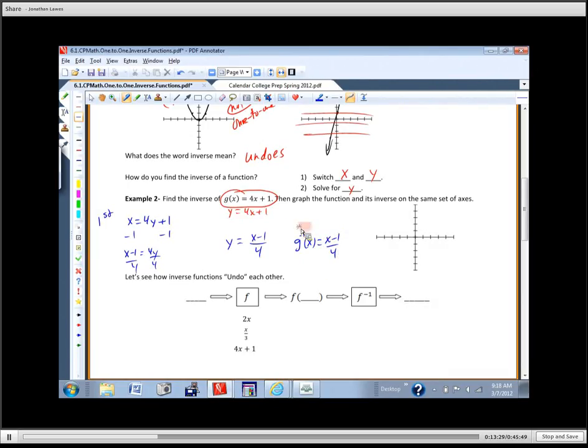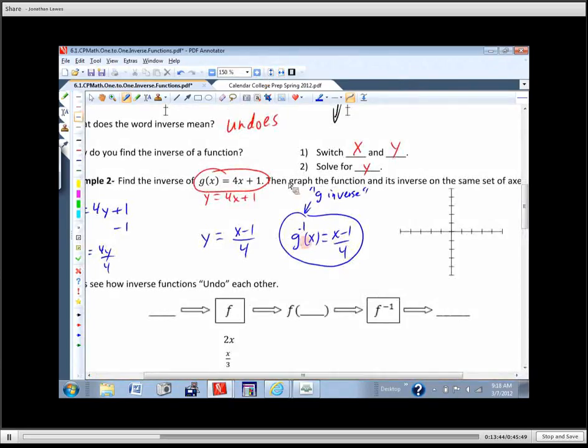Okay? That is the inverse. And the way we say this is we say g inverse. So whenever you see what looks like an exponent of negative 1 over a function, it does not mean that it's a negative exponent. It doesn't mean do this. Everybody watching?